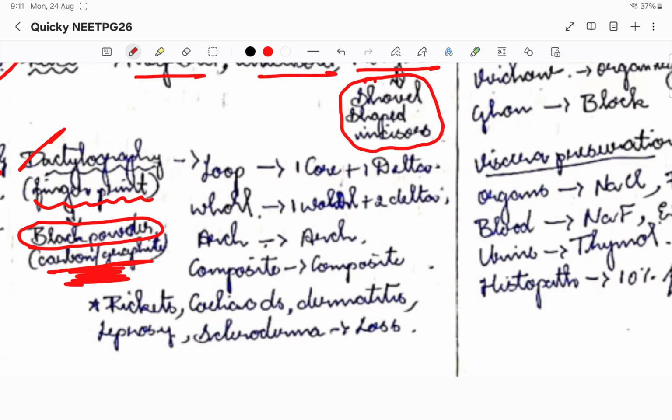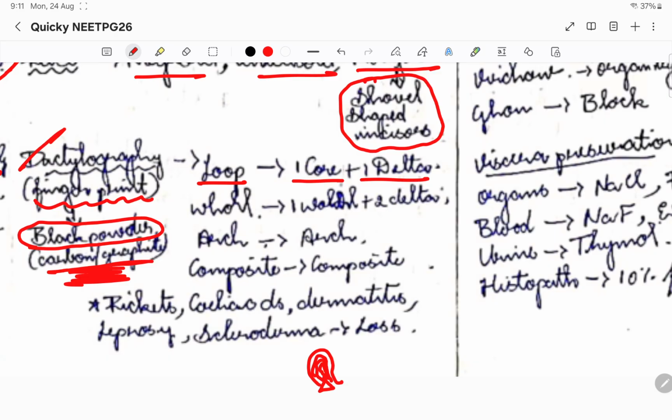So what we identify are the loops and whorls. Okay, so a loop is nothing but one core and one delta. So for example, this is the fingerprint, right? If you just take a look at your thumb, this is the thing. If it has a loop, it is going to be one core and one delta, meaning it will be like this.